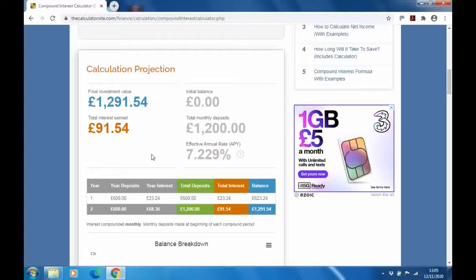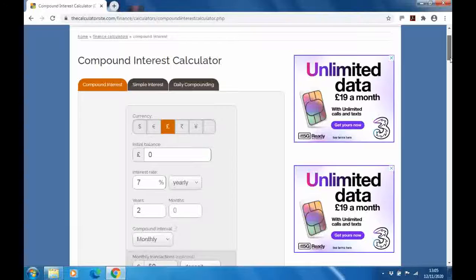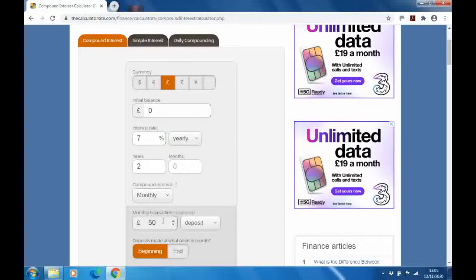Time is key. So if we think longer ahead, like maybe you're planning for some extra cash for retirement or to pay off a mortgage or whatever it is, let's go for a bigger time difference. Let's say 20 years.